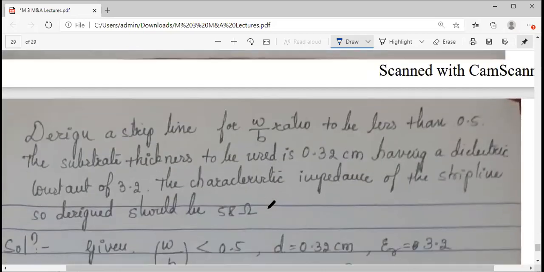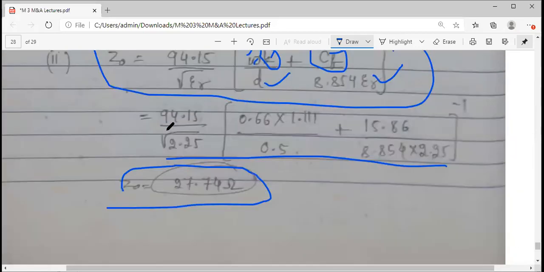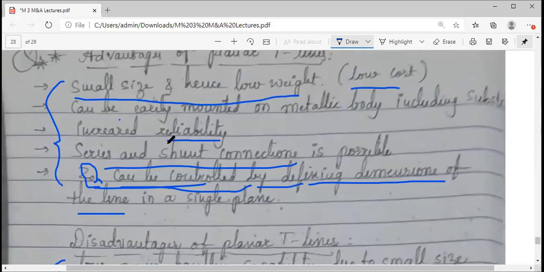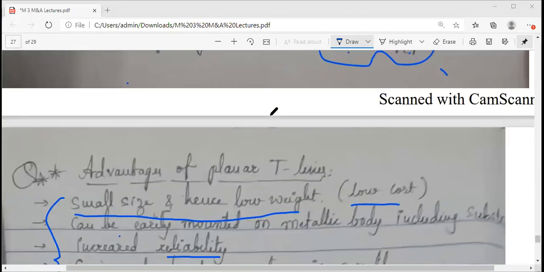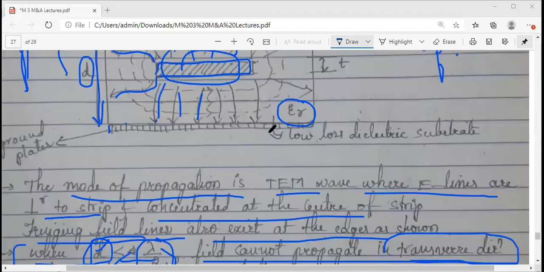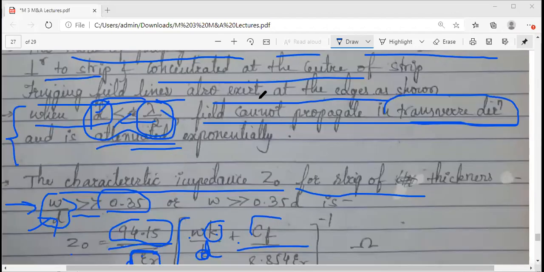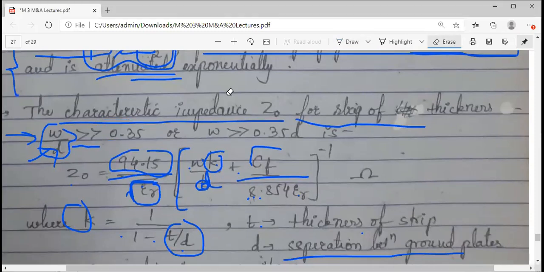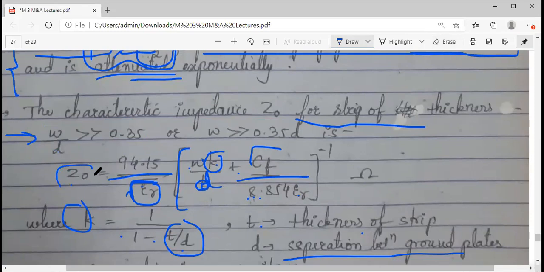And one more problem I have included. Probably you may not require it, but still I have included. As I told you when I was discussing the strip lines, when I listed the characteristic impedance value, this Z naught equation written here is applicable only for the condition W by D very much greater than 0.35.